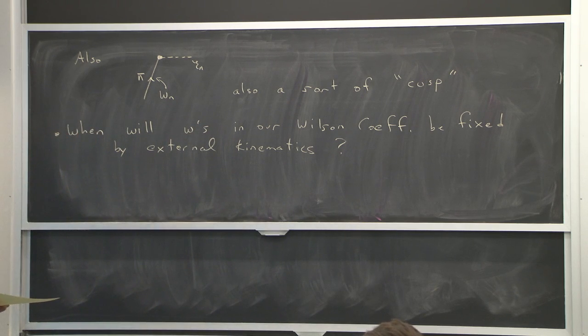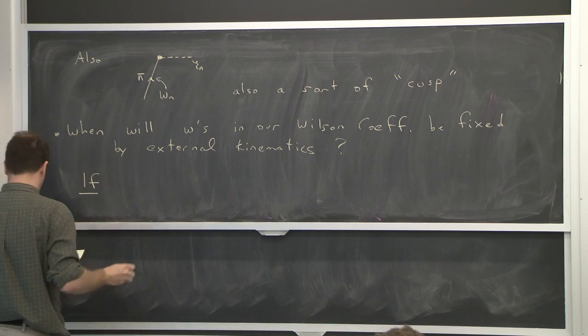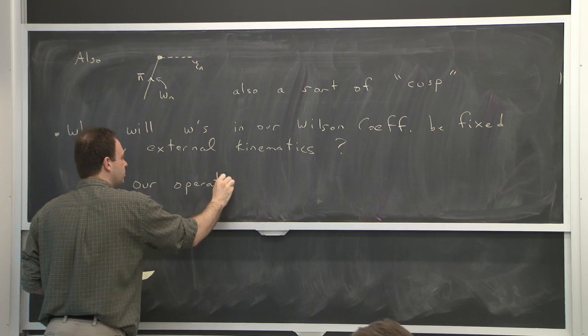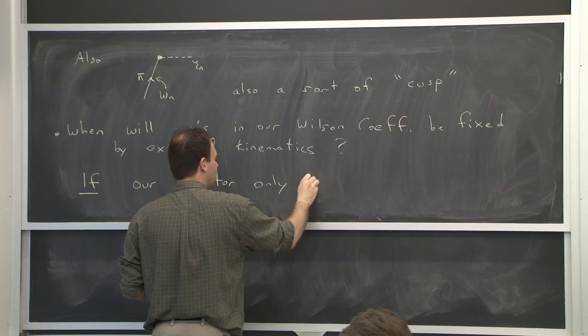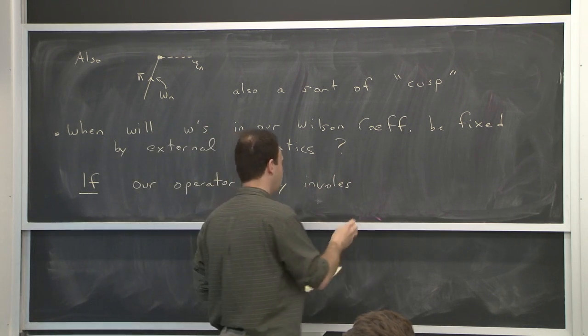And actually, that's going to happen in the following case. We can actually state when it will happen quite generally. So imagine that we had an effective theory SCET that had multiple collinear directions.